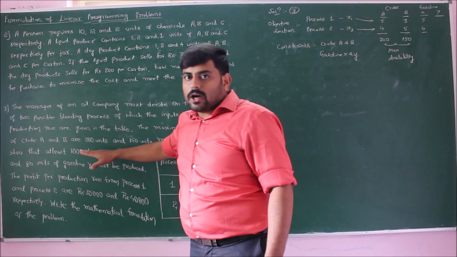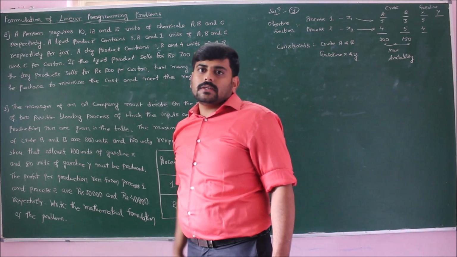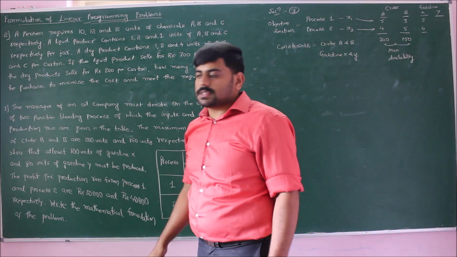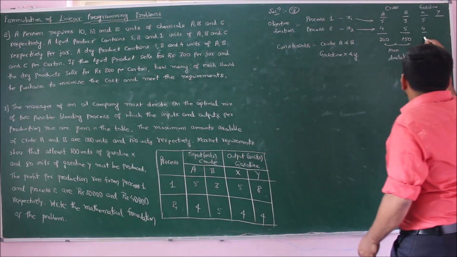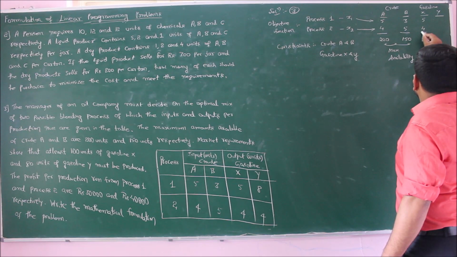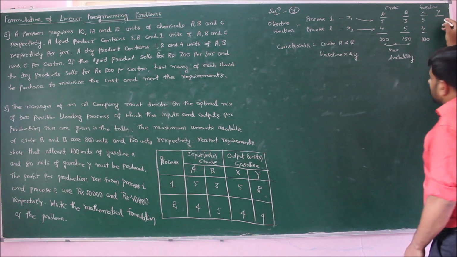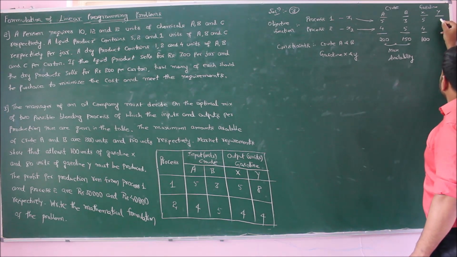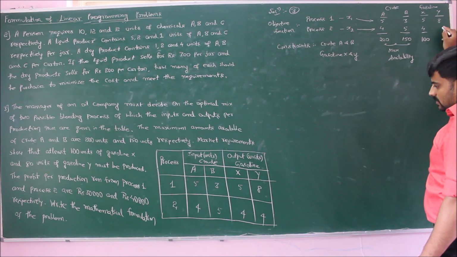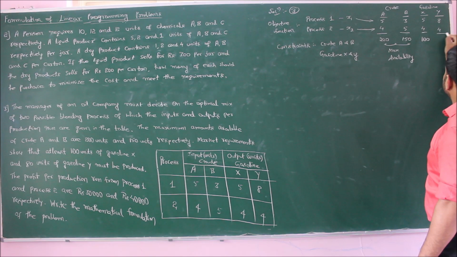It should produce 100 or more than 100, then only it will be in profit, otherwise it will be in loss. So minimum production should be 100 units of gasoline X, whereas the output of gasoline Y is 8 units from X1 and 4 units from X2.